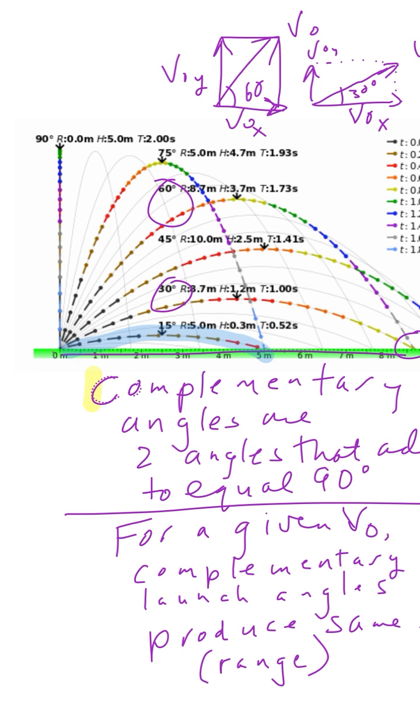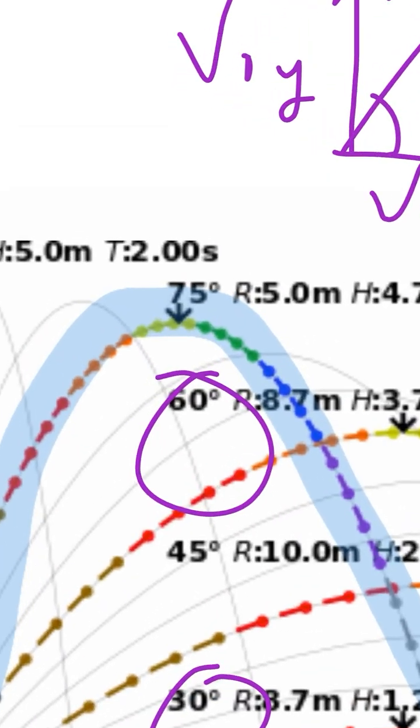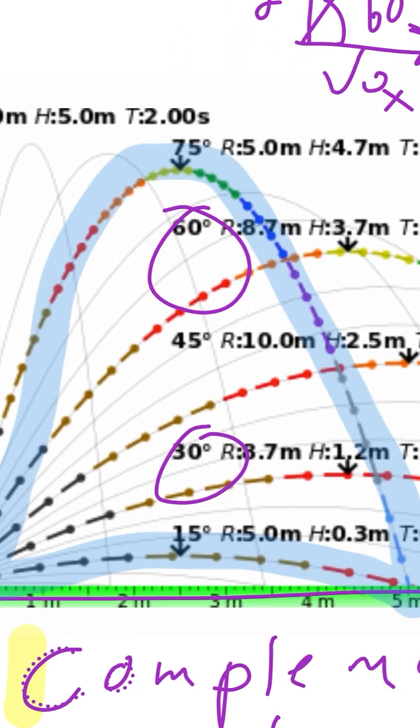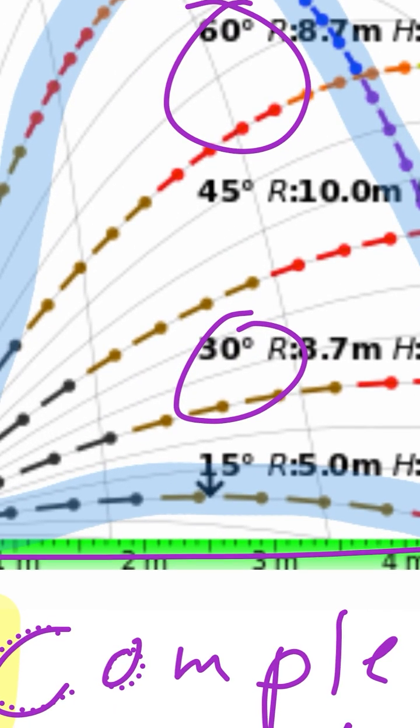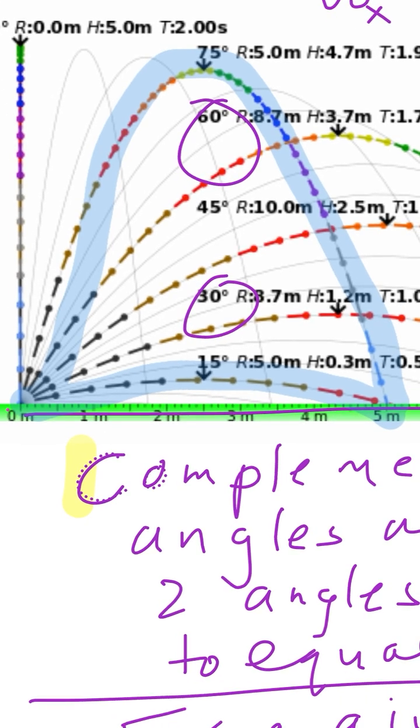What gives you the same range, delta X, for that given VO? Well, you can see for yourself right here. 75 degrees and 15 degrees give me the same range, which looks like 5 meters for this given VO.